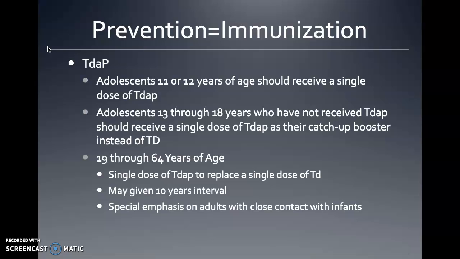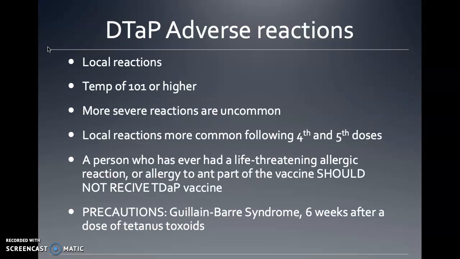For 19 to 64 years old, a single dose of Tdap can replace the single dose of their Td booster, and this can be given every 10 years, with special emphasis on adults who are in close contact with infants. Reaction to vaccines is limited to local reactions. They might have a fever of 101.